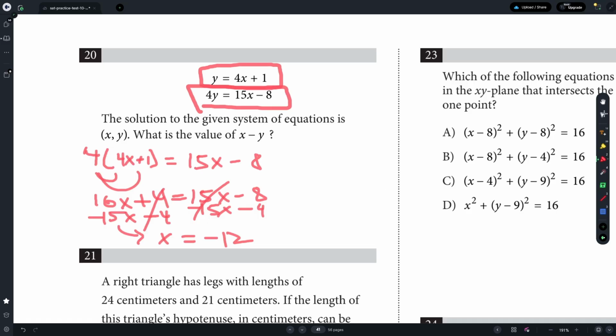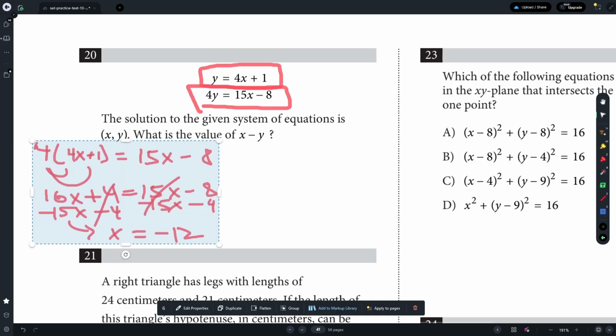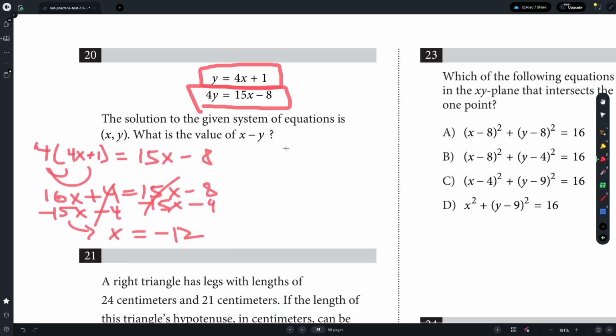Now, in order to solve for y, all we have to do is plug this x into the y. So y equals 4 times negative 12 plus 1. That would be negative 48 plus 1, which is y equals negative 47.